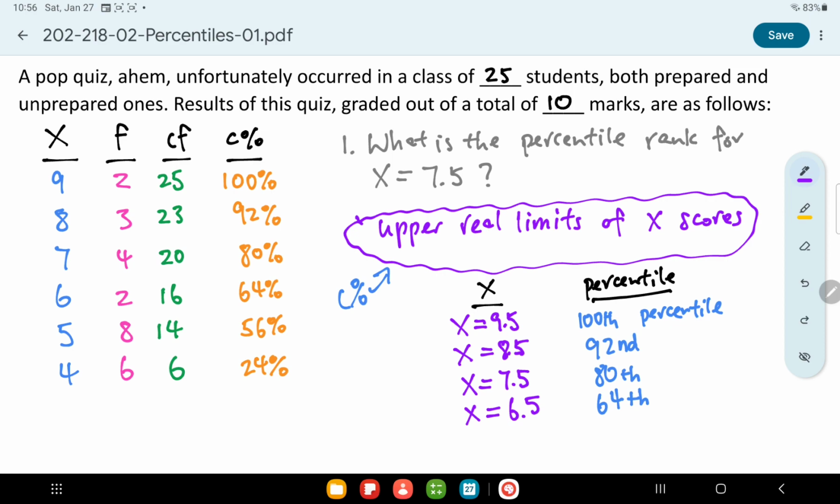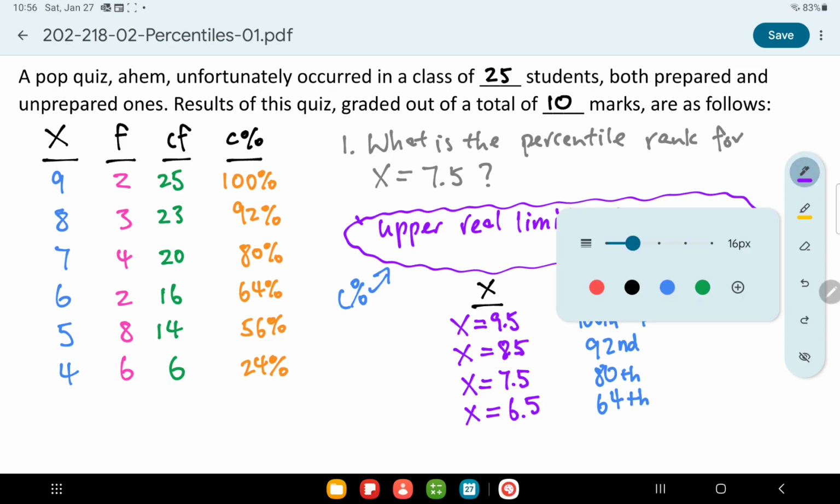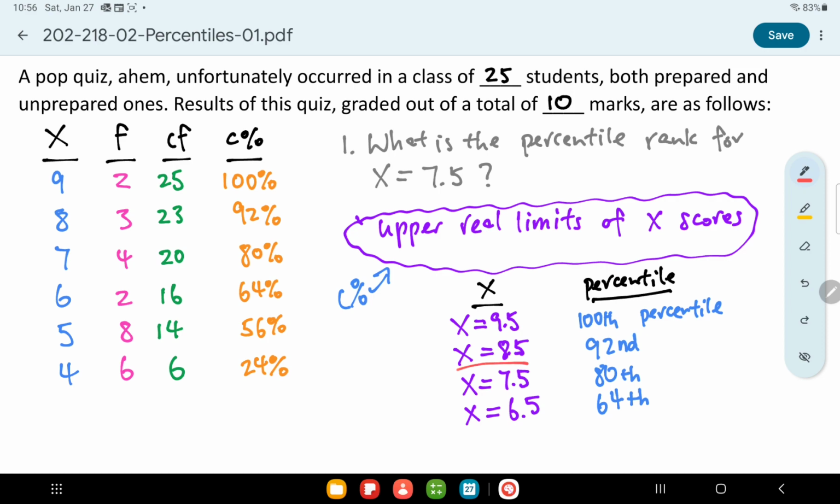In responding to the original question we were considering, what is the percentile rank for x equals 7.5? Here we have the answer. x equals 7.5 gives us this percentile rank.